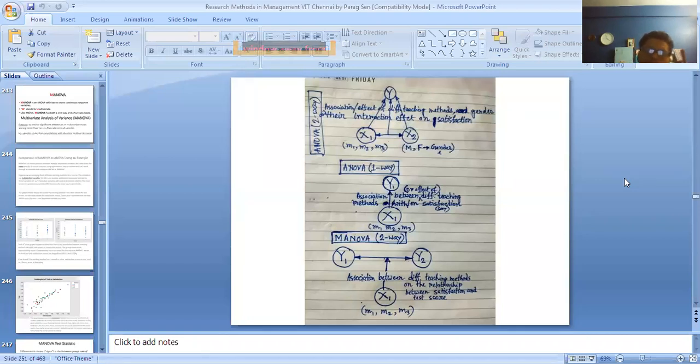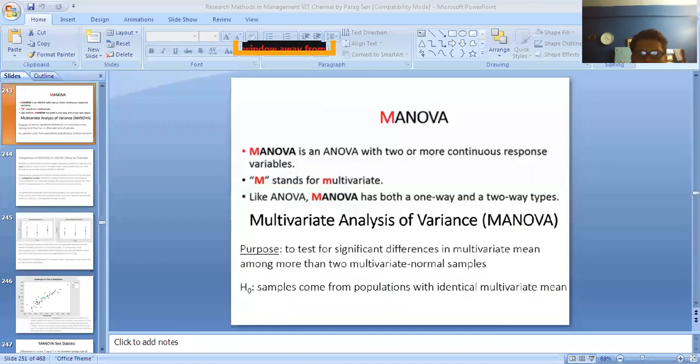And you can also have more than two dependent variables. That will be known as three-way MANOVA. And also you can have many dependent variables and many independent variables. That also can happen. Okay.